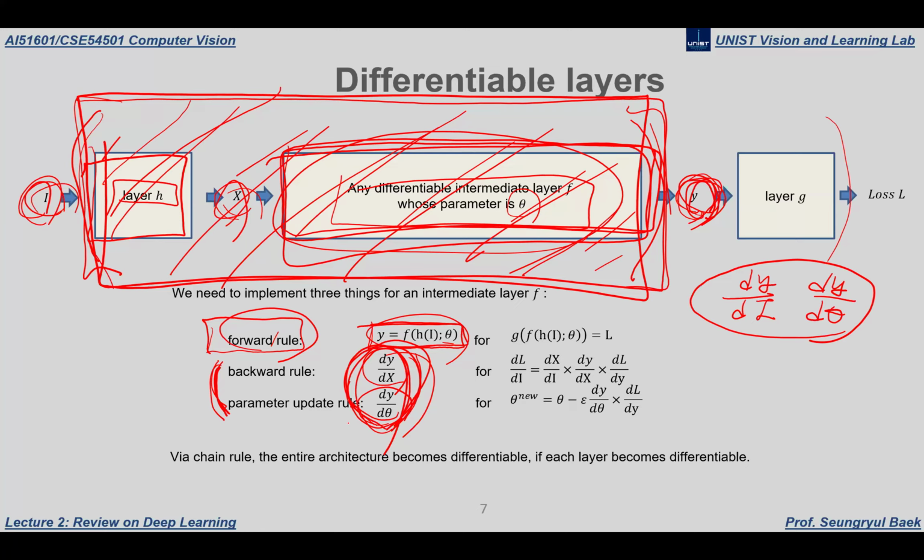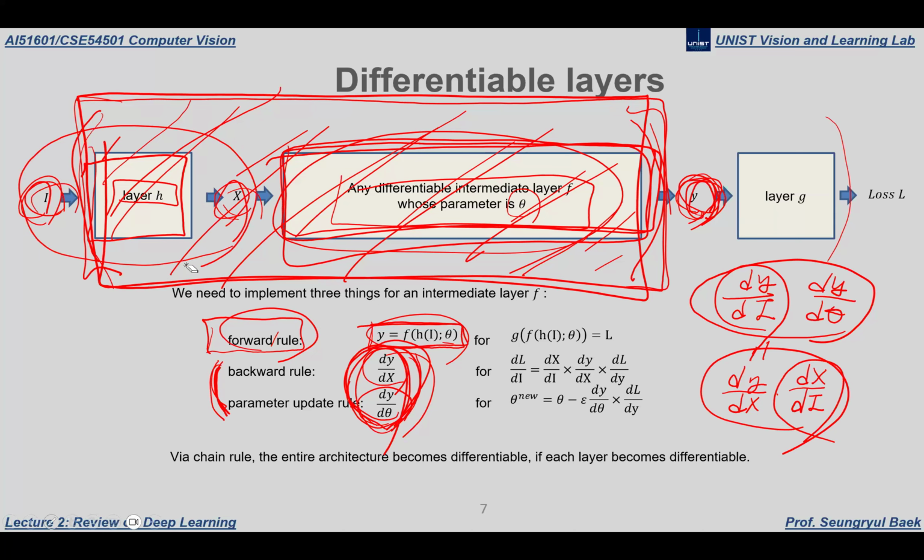For example, dy/dI could be obtained by multiplying these two, right? This means that layer H is differentiable with respect to its initial input I, and this is the differentiability condition for layer F.